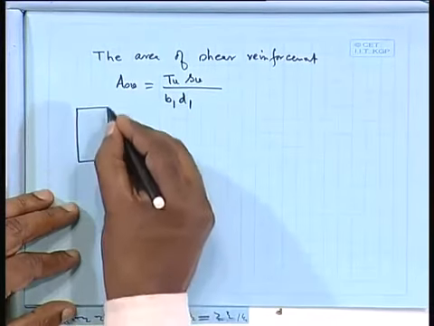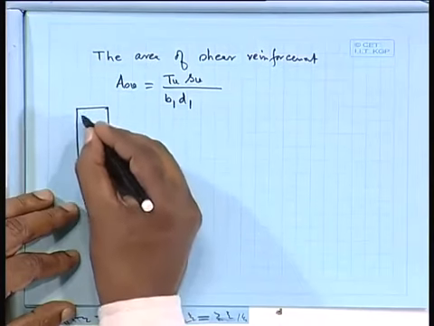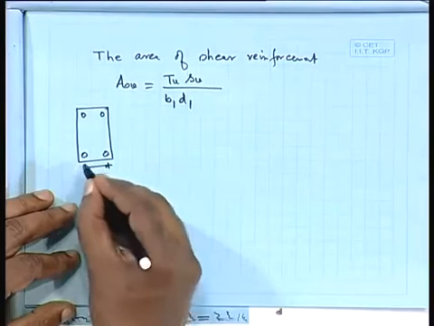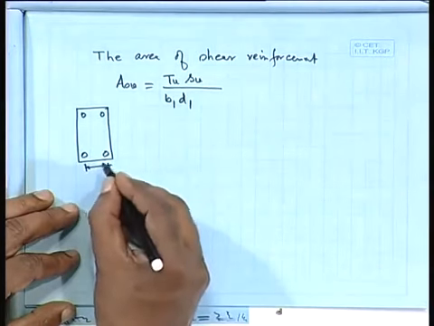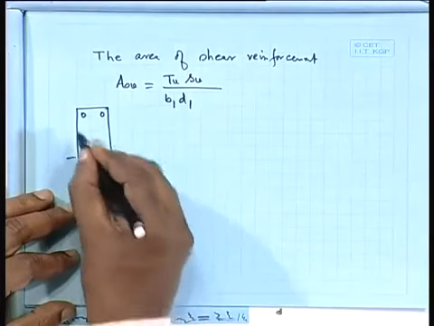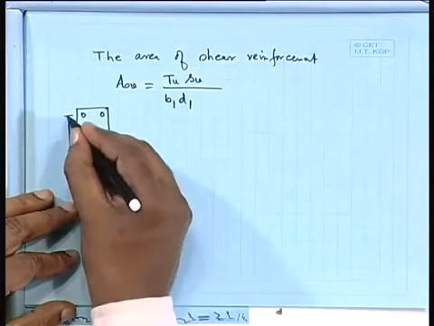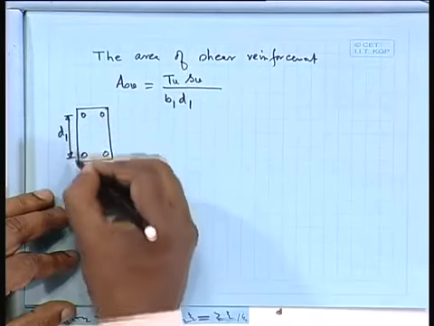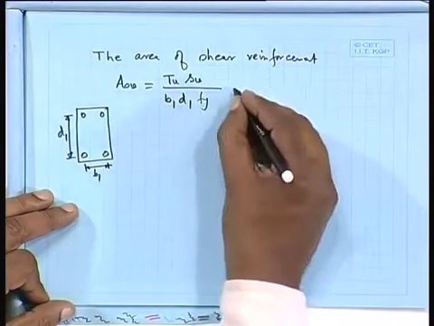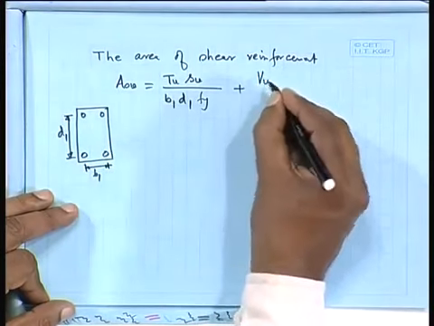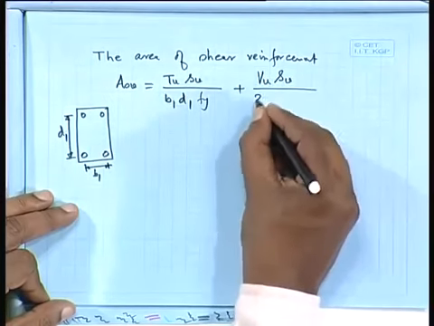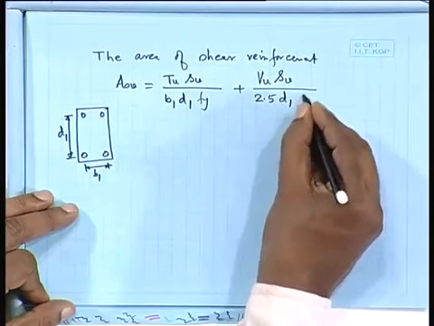So please note B1, this is B1, center to center distance between two longitudinal bars in the breadth direction. This is B1 and this is your D1 in the depth direction. So B1 D1 Fy plus shear force VU due to applied load is V times 2.5 D1 Fy.